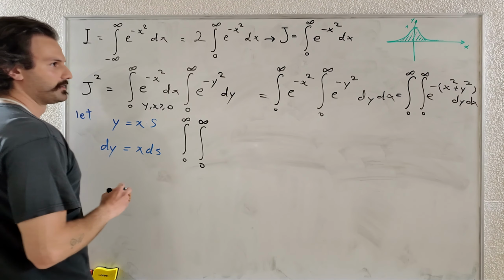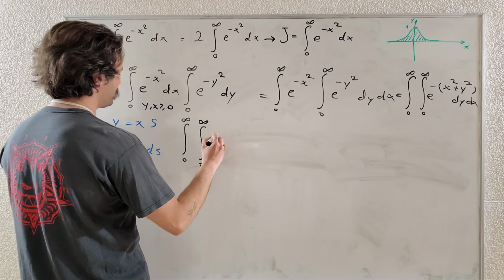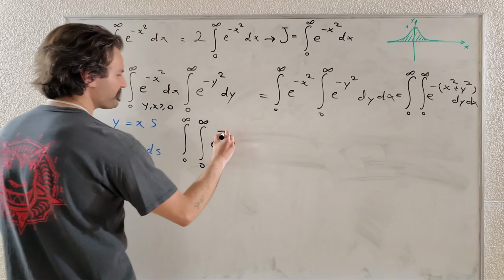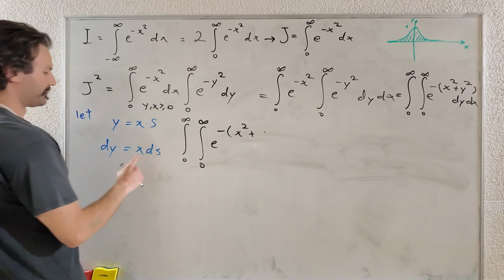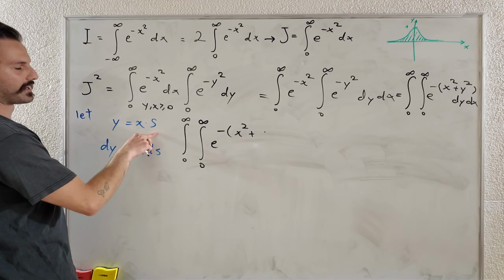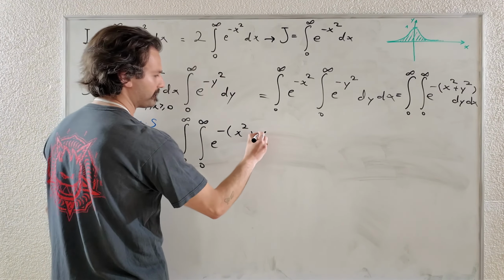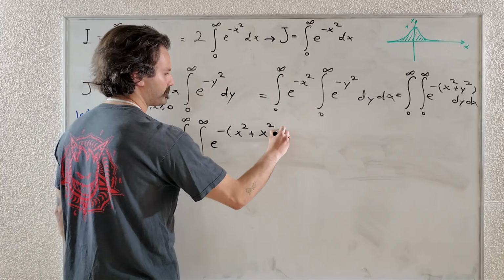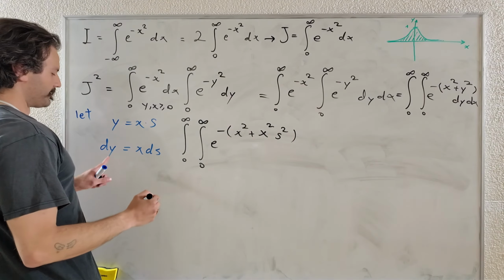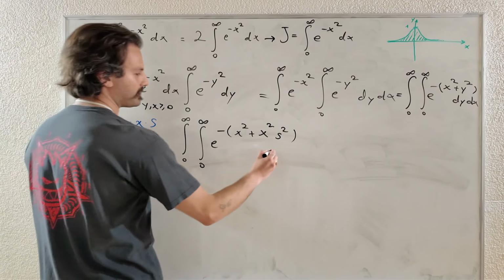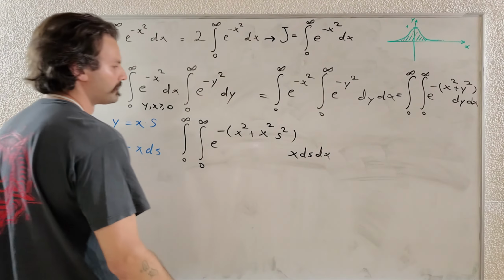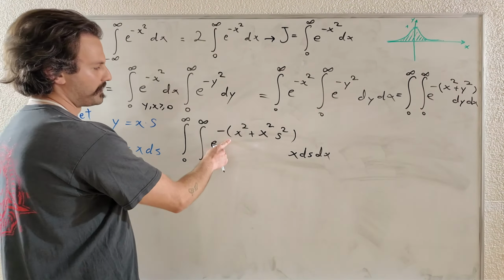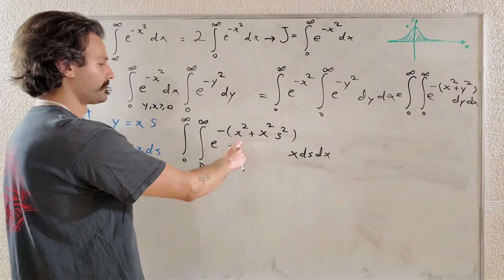So we have positive infinity, and then we have e to the power of minus, we have x squared plus, now we can substitute for y, x times s, and square this. This gives us x squared times s squared. And for dy, we have x times ds dx. Let's factor out x squared from this parenthesis.